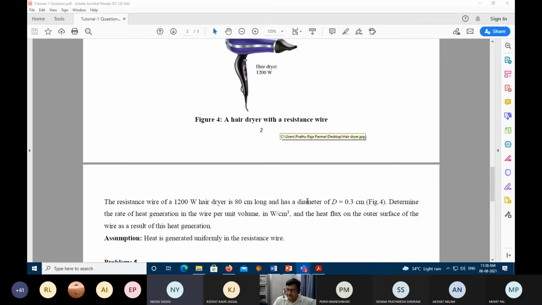Then we get the heat generation in the wire per unit volume. So one trick here is played. You will find that we have written watt per centimeter cube, right? Always be careful about this. These are the places where engineering mistakes happen.